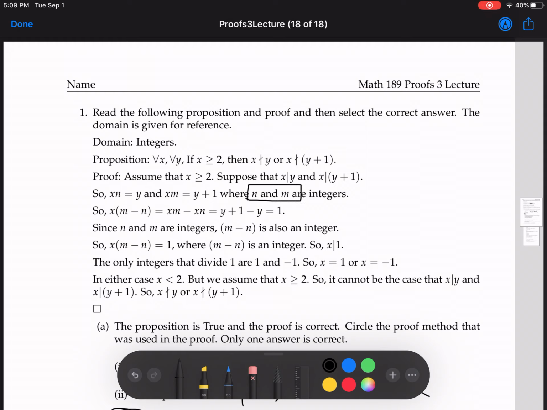We defined what n and m were. N and m are integers. So because they're integers, that means that m minus n has to be an integer. So that tells us that we've satisfied the definition of divides. And so then we know that x divides 1.